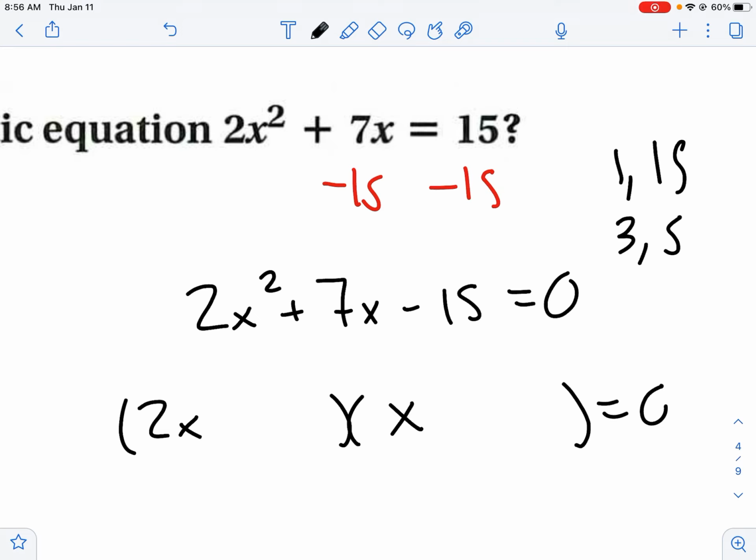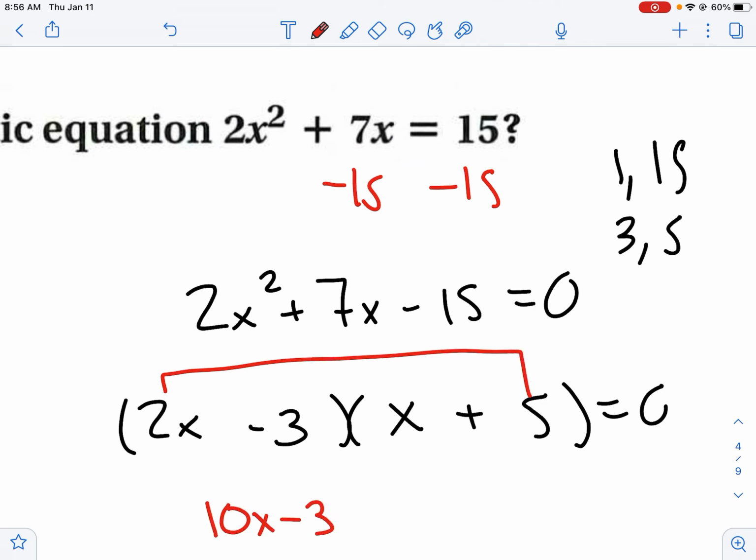Those are your options right there. And then one's got to be positive, one's got to be negative. So I'll do positive 5 right here and negative 3 right there. That's 10x, 2x times 5, and that's negative 3x. That gives you 7x. That works right there.